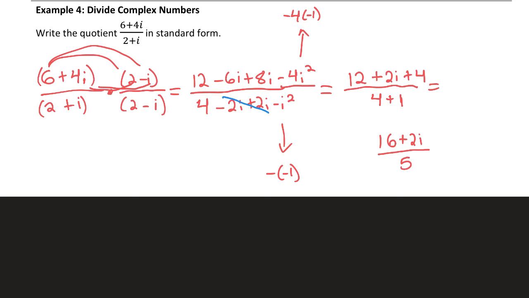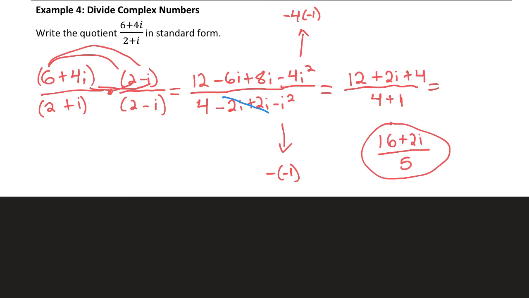And that is as far as I want you to go, okay? The main thing here is if all of these numbers, 16, 2, and 5, all had a common factor, we could divide them all by something. But these don't, so we can't simplify anymore. So if this were like 16, 2, and 8, I could divide everything by 2 to simplify, like a fraction.